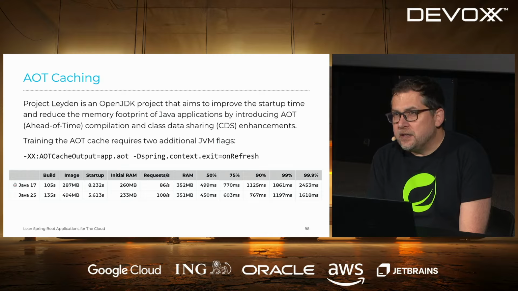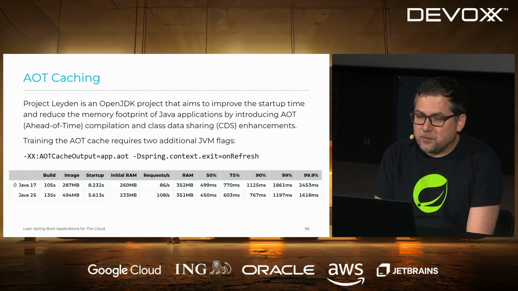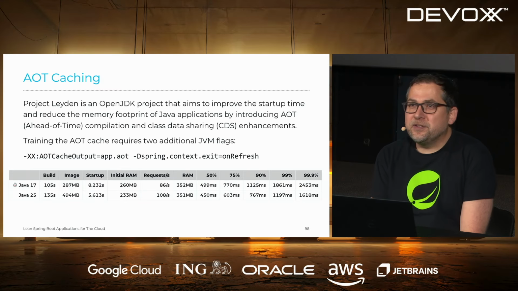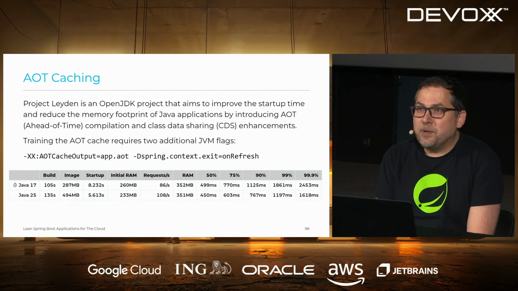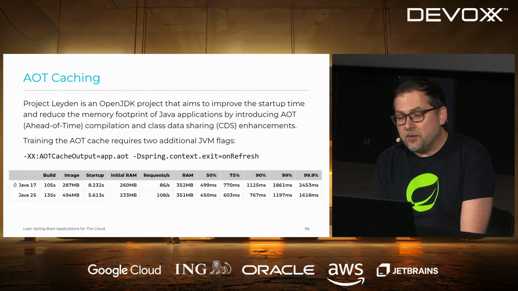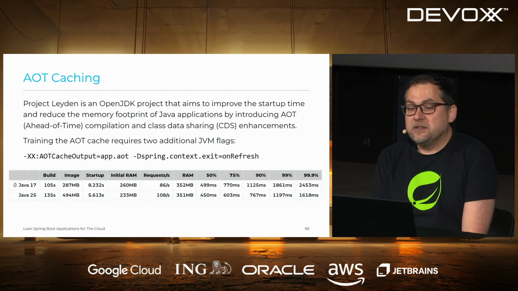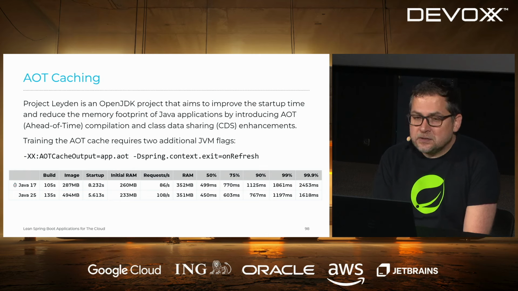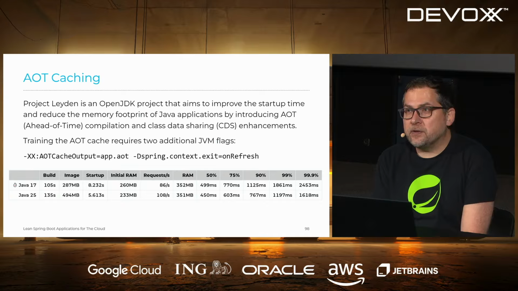I don't know the details, please don't ask me what happens behind the scenes. I just know that Buildpacks do not have support for that yet, but I'm still going to show you that I did it with Buildpacks, and that it works in a very similar fashion with the training run as you would expect from AppCDS. So AOT caching should be way better.